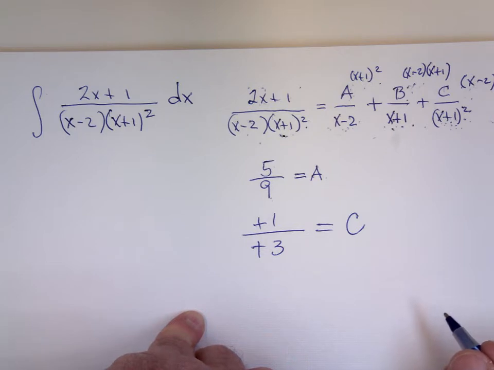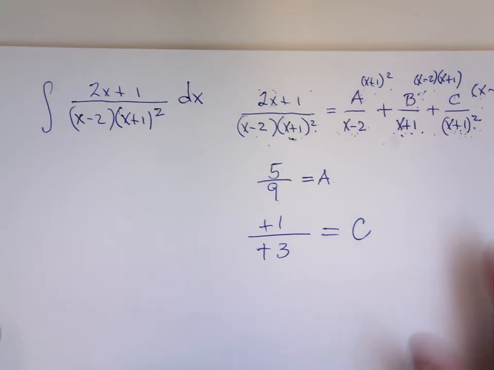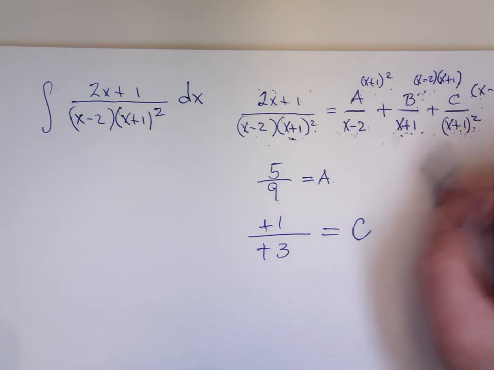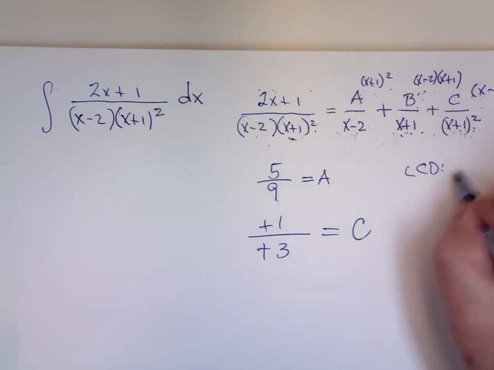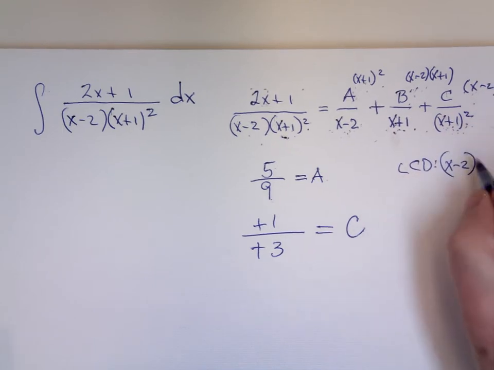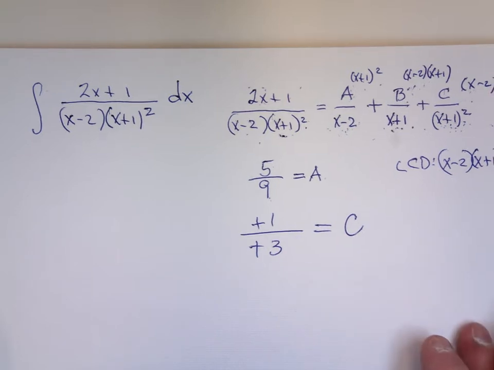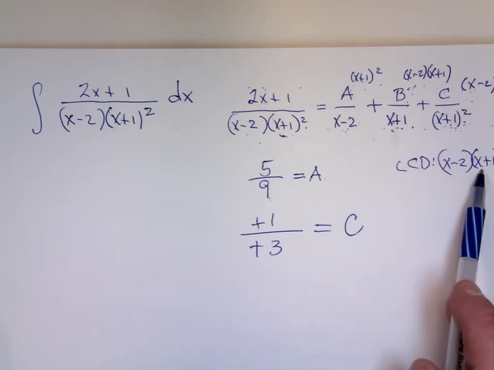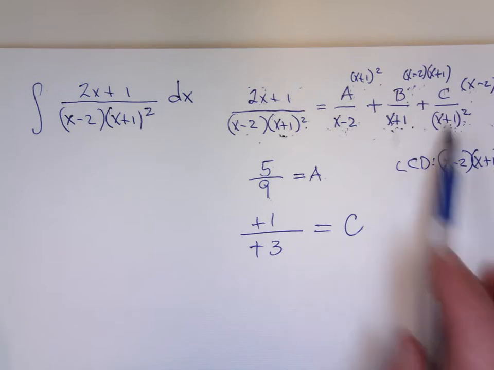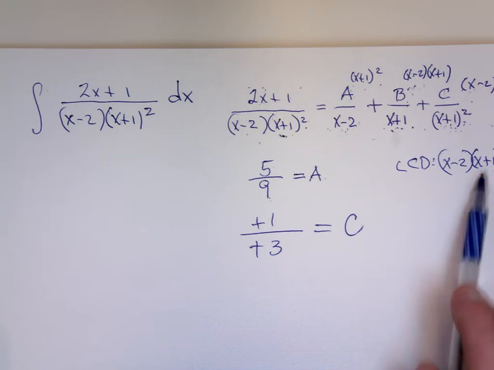Here's what I'm doing. The LCD of these three is x minus 2, x plus 1 squared. That's the lowest common denominator. Why don't you put x plus 1 squared in there? I put x plus 1 squared because I have x plus 1 squared here. I need x plus 1 squared. And then just x plus 1 is taken care of with this guy.